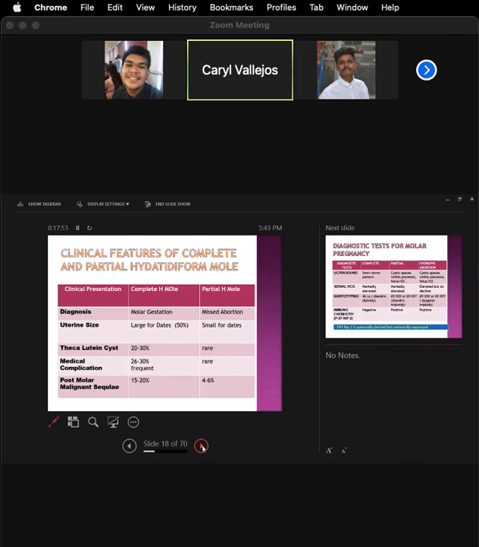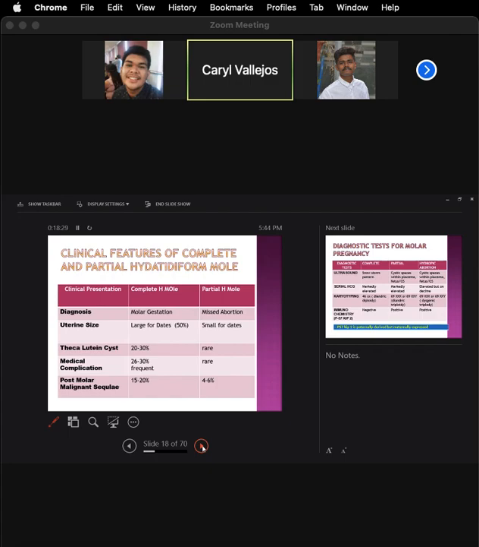So that is why if the patient has undergone, for example, curettage, it is also required to send a specimen for histopath, because not all abortions are normal abortions. Sometimes it could be a partial hydatidiform mole that is being misdiagnosed as missed abortion only.